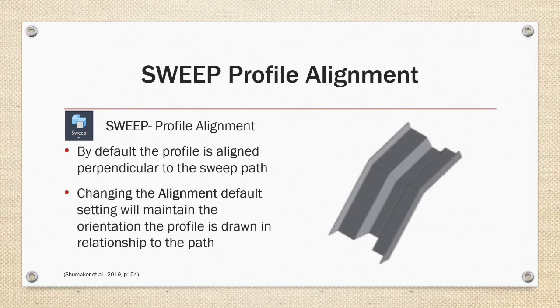Changing the default setting for alignment in the sweep command from yes to no will maintain the orientation of the profile as it's drawn in relationship to the path, as shown on the right. Notice the change in the termination point angles. Now let's go to AutoCAD to see how profile alignment is applied.